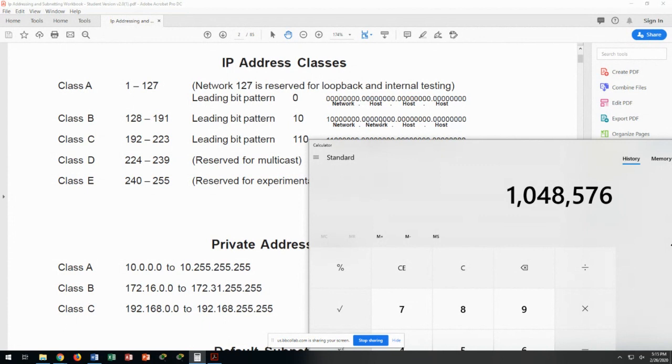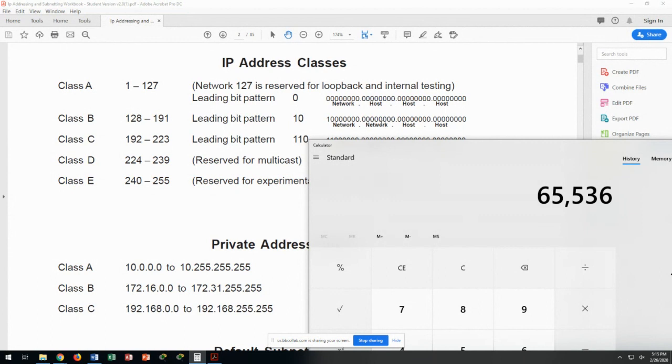There are 16 networks, so we have to divide that by 16. So we have 65,536 IPs per network. Here we had one network with 16 million; this is 16 networks with 65,536 IPs.